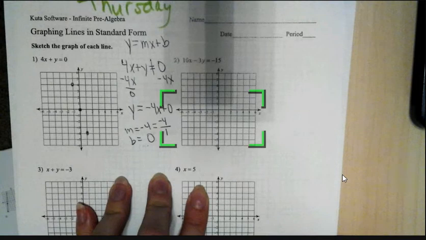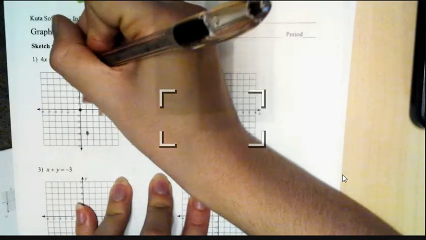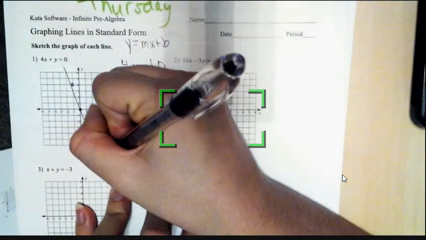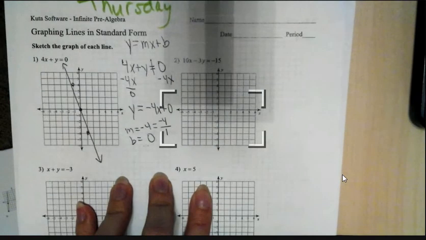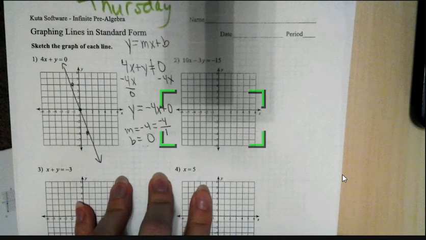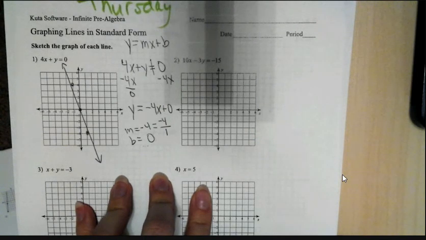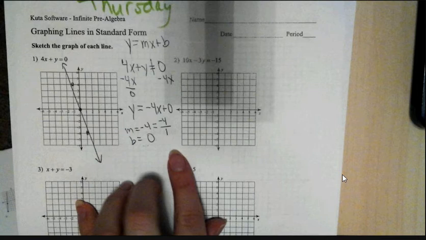Once I have at least 3 points, I can go ahead and connect them. So bada bing, bada boom, this is the graph of this line.